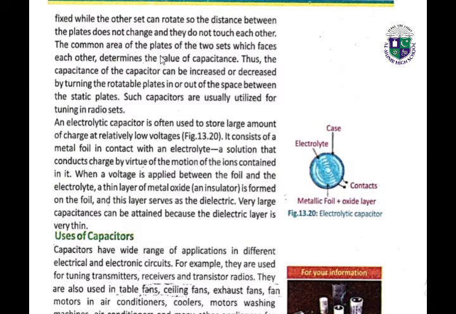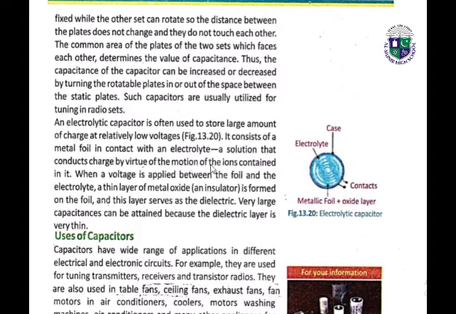The common area of the plates of the two sets which face each other determines the value of the capacitance. Thus, the capacitance can be increased or decreased by turning the rotatable plates in or out of the space between the static plates. Such capacitors are usually utilized for tuning radio sets. So this is the use of variable capacitors.